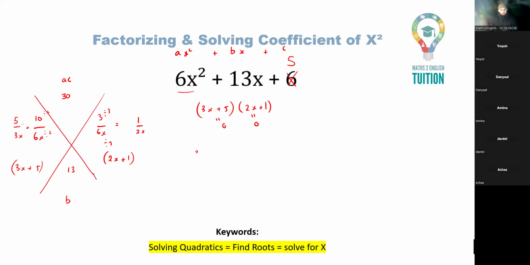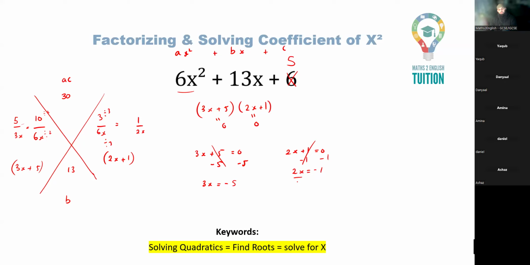So I have 3x plus 5 equal to 0, and over here 2x plus 1 equal to 0. I'm going to make x the subject. I'm going to do minus 5 over here, that cancels out, and I'm left with 3x equals minus 5. Over here I'm going to do minus 1, so 2x equals minus 1.